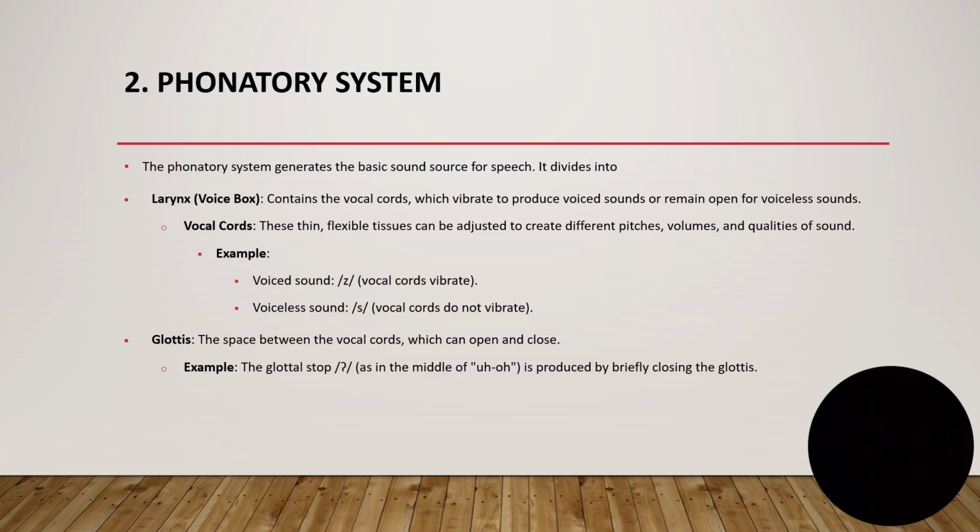We have the glottis, the space between the vocal cords, which can open and close. For example, the glottal stop as in the middle of "uh-oh" is produced by briefly closing the glottis.